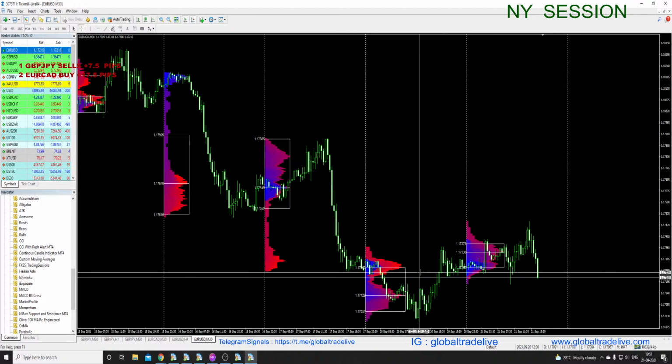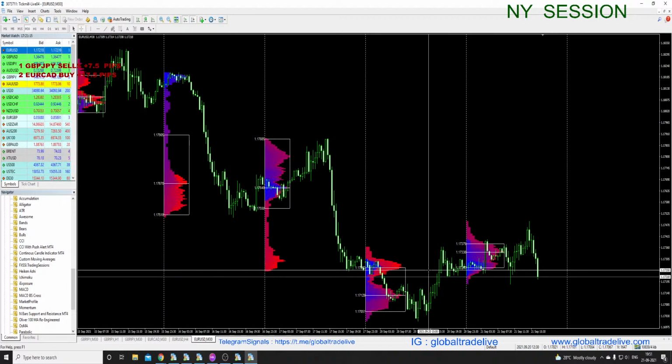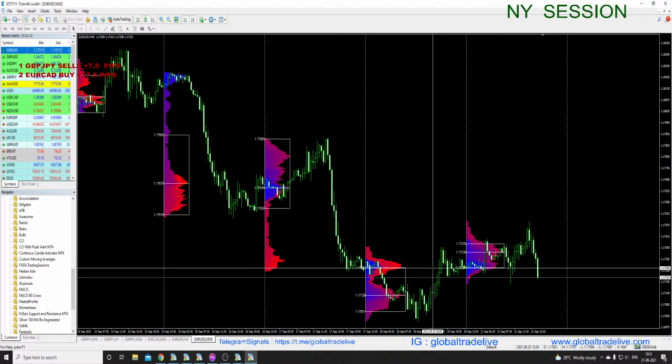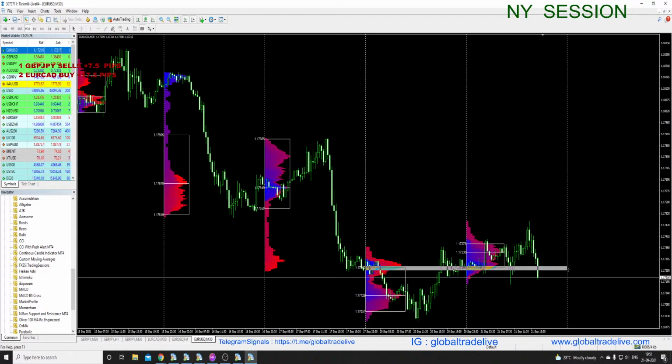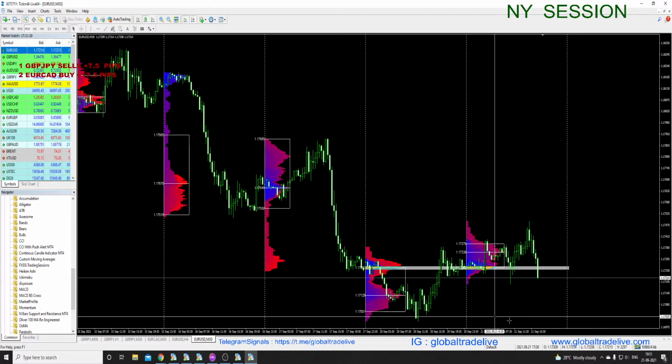Perfect. So Euro USD is crossing this zone over here, which is a really important zone from yesterday. I think it should continue moving down to tap this low.